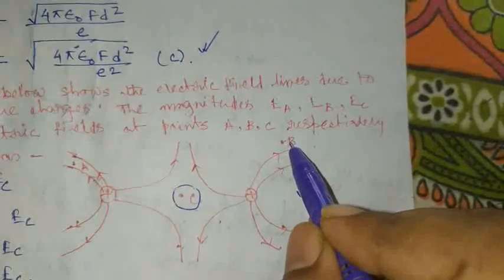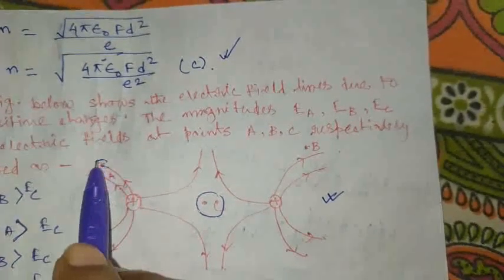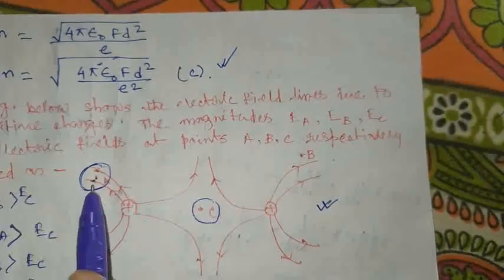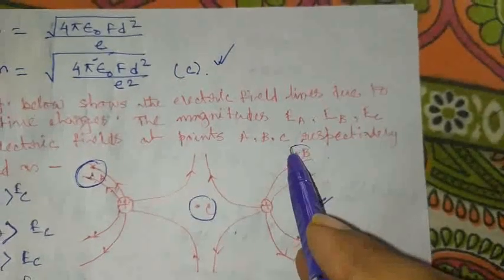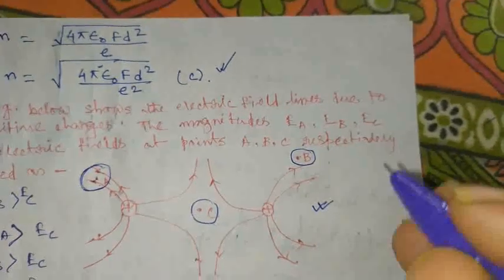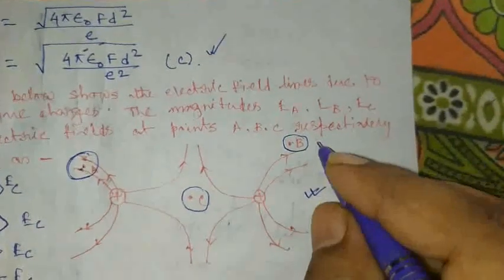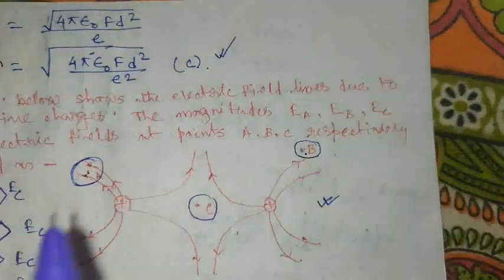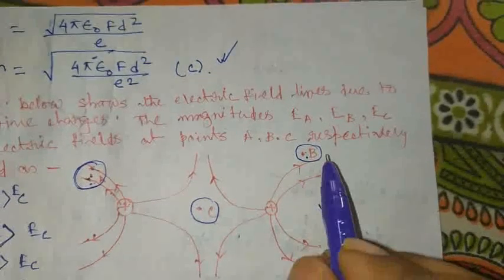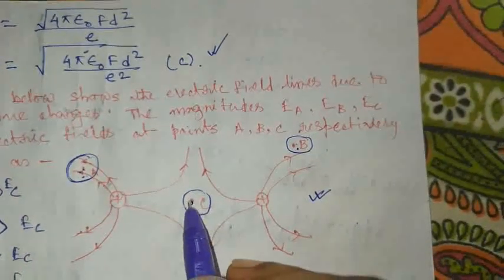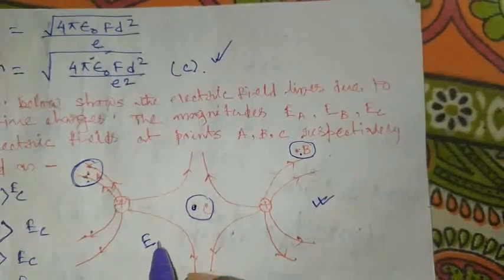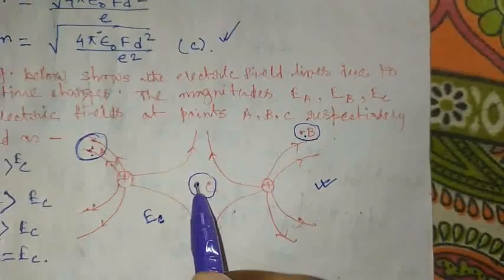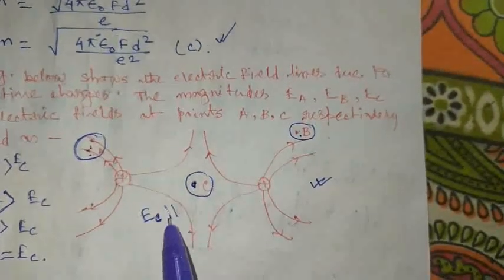Now look at point B and look at point A. You can easily say the density of flux lines around point A is more than point B. That means the electric field strength at point B is lower than at point A, and among all of them the electric field strength EC at point C is lowest.